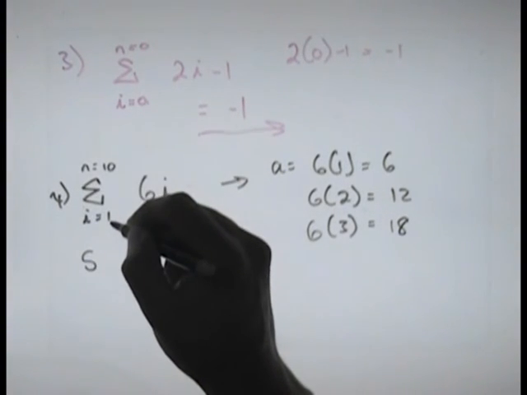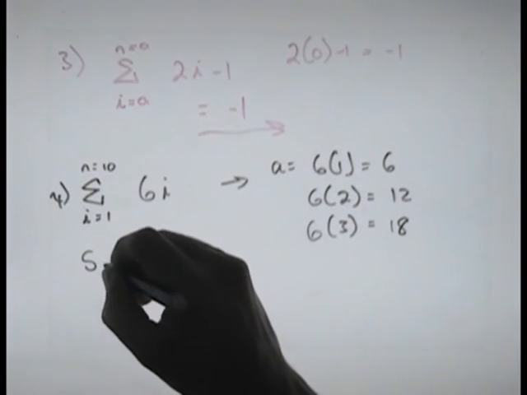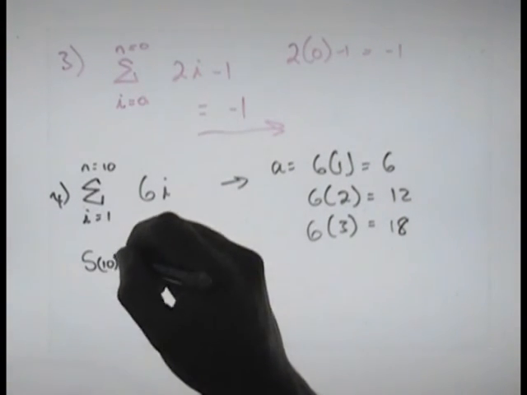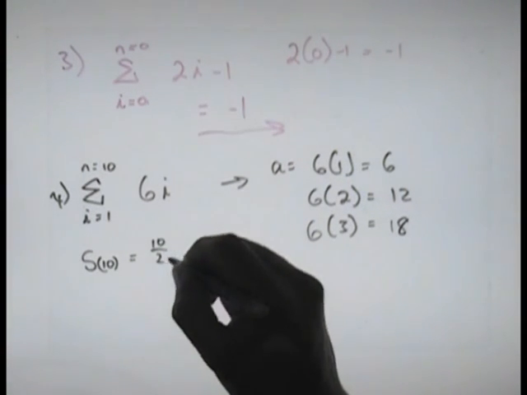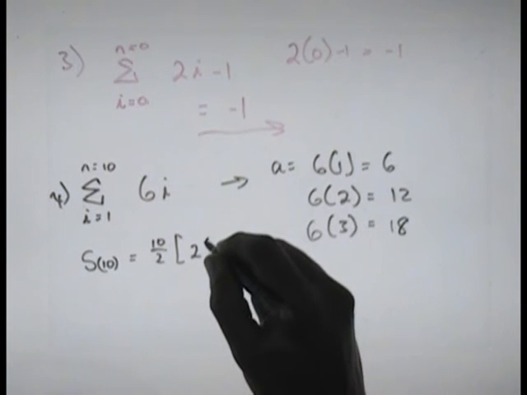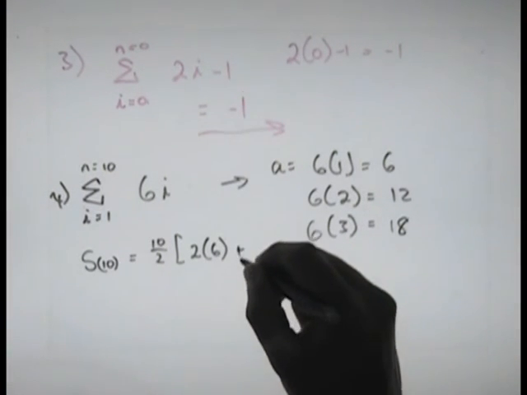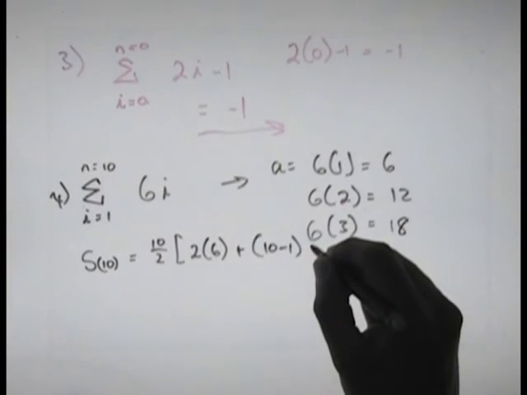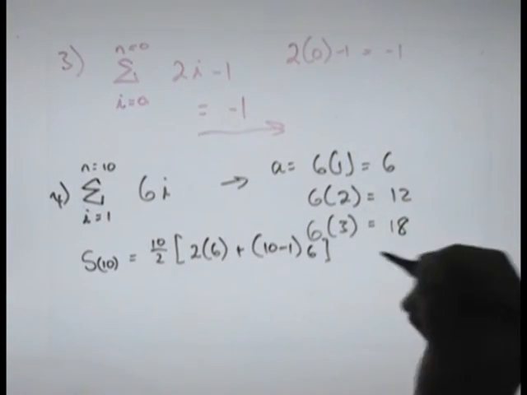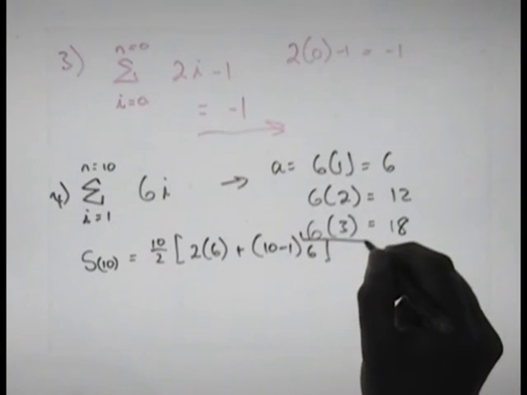Sn, 10 minus 1 is 9. 9 plus 1 is 10. That means we are looking for the sum of 10 terms is equal to n over 2, which is 10 over 2, multiplied by 2a, which is 2 times 6, plus n minus 1 times the common difference of 6.